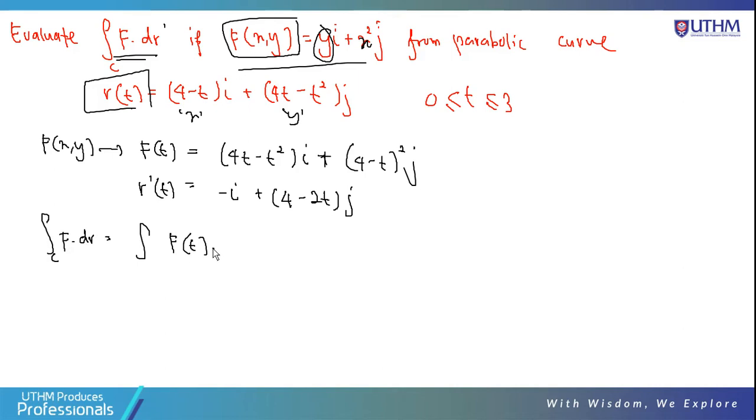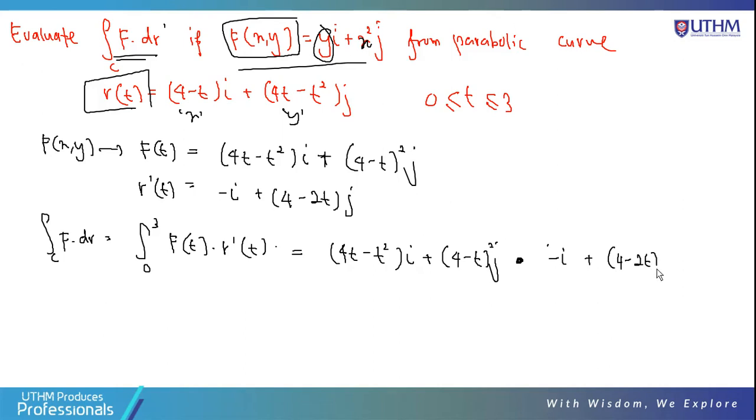dot r prime t. So it starts from 0 to 3, so you substitute f(t), which is 4t minus t square i plus 4 minus t square j, dot product with negative i plus 4 minus 2t j.